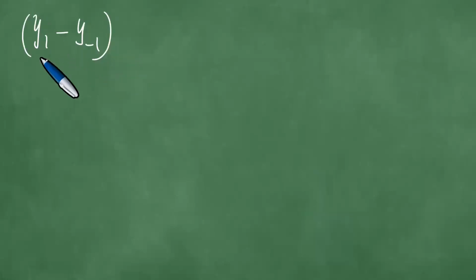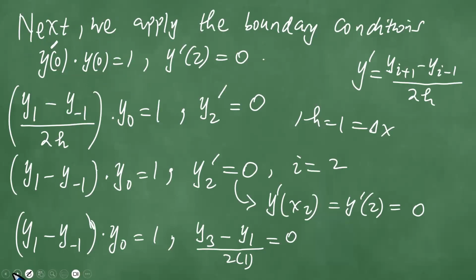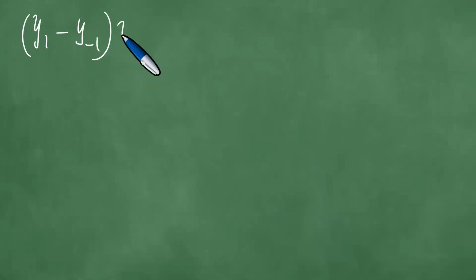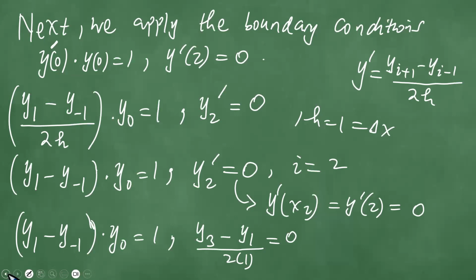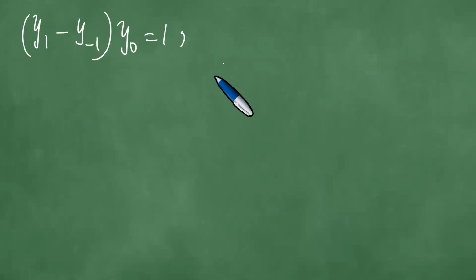Right, so what are we getting here? y1 minus y0 equals 1. And then here, this one is y3 minus y1 equals, cross multiply, 0. So y3 minus y1 is 0.